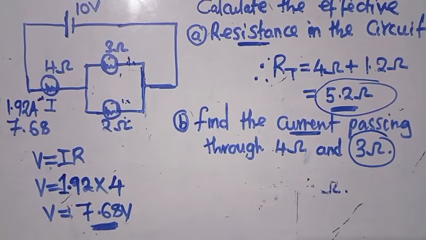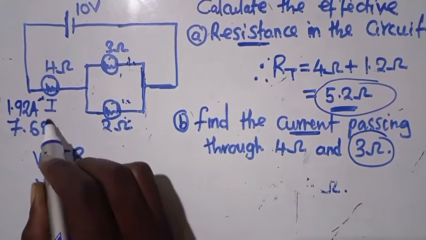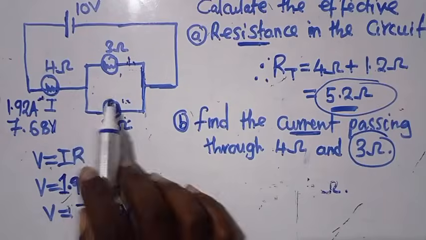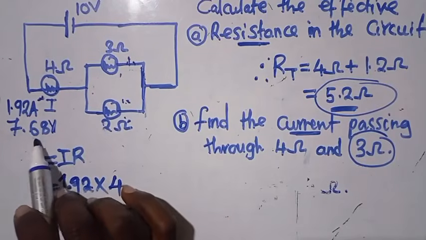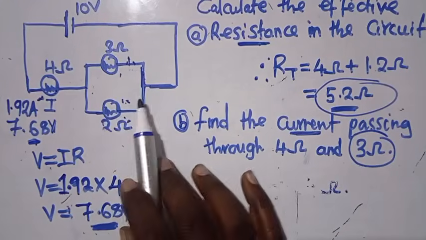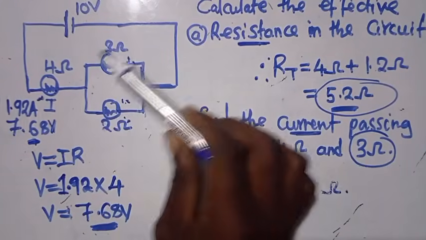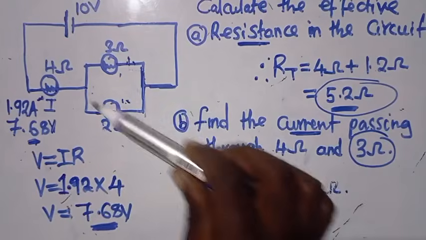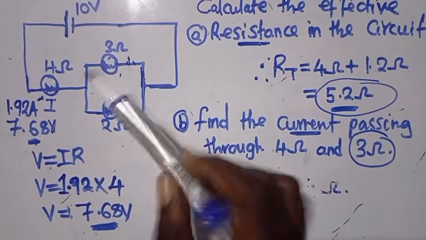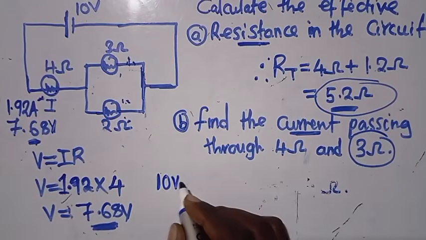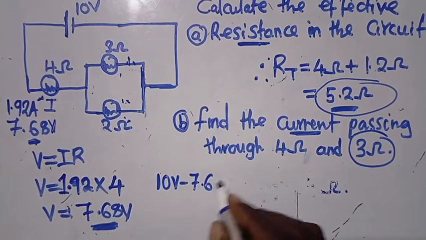So now this is the voltage that is passing through there. We know that voltage in series is different. So the voltage that is there is different from the voltage that is passing through here. We say the 10 that is given, 10 volts minus 7.68.